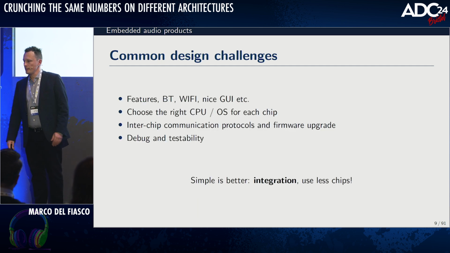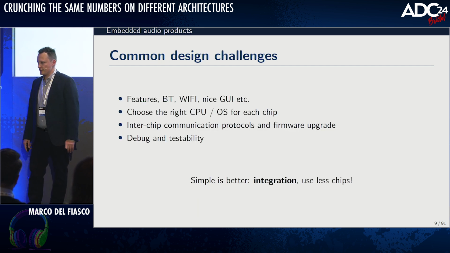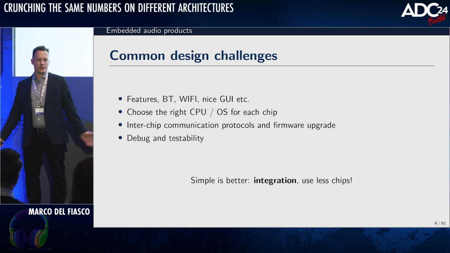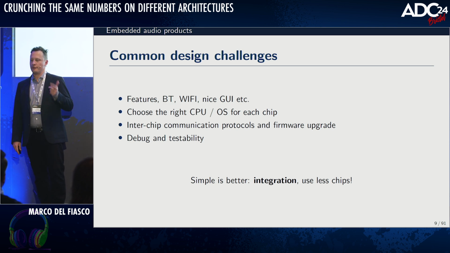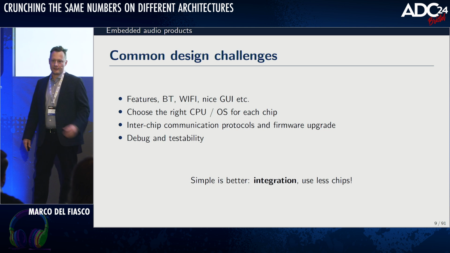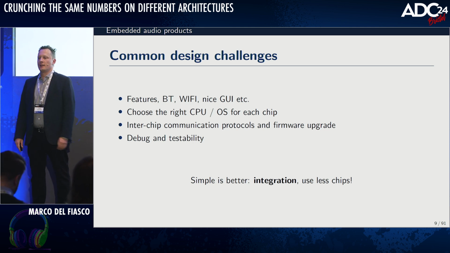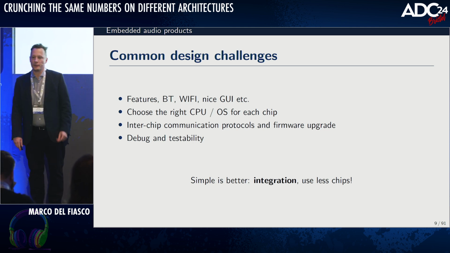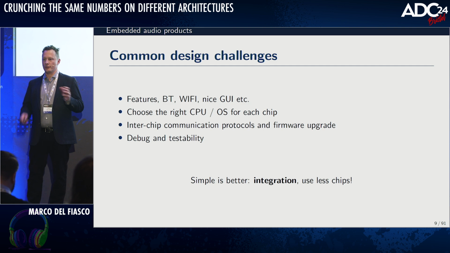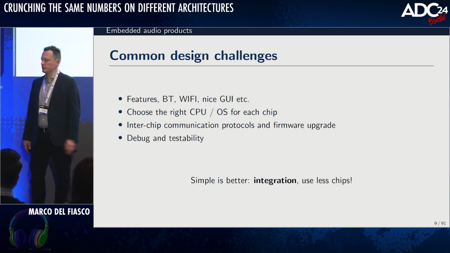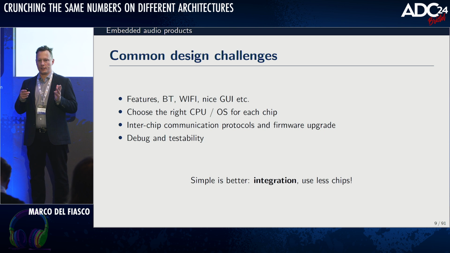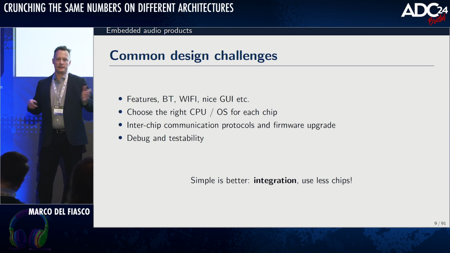So the common design challenges. The customers will ask for features, the product needs features. So nowadays, having Bluetooth, Wi-Fi, good-looking GUI are some common requirements. We have to choose the right operating system and CPU type for each of the components. And then if we have a distributed system, we need to set up the inter-chip communication, handle the firmware upgrade.